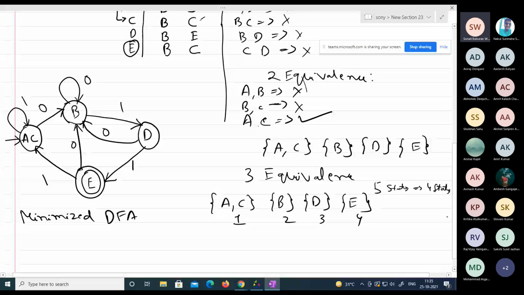Okay, now write down 2 equivalents and 3 equivalents, and after 5 minutes we will start with our second example.